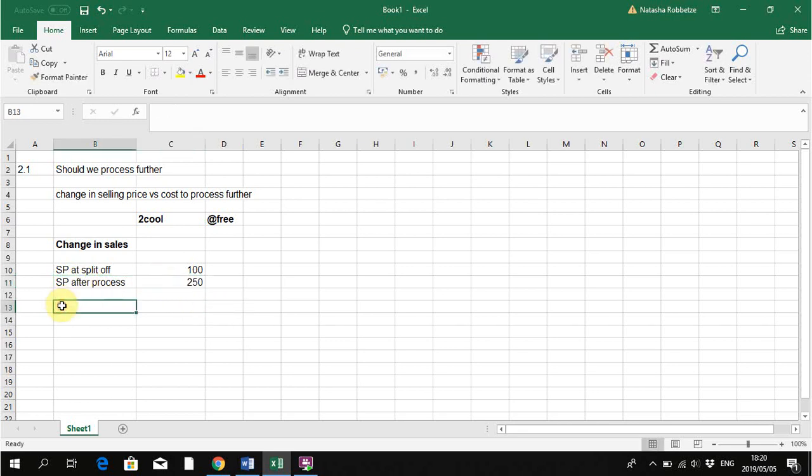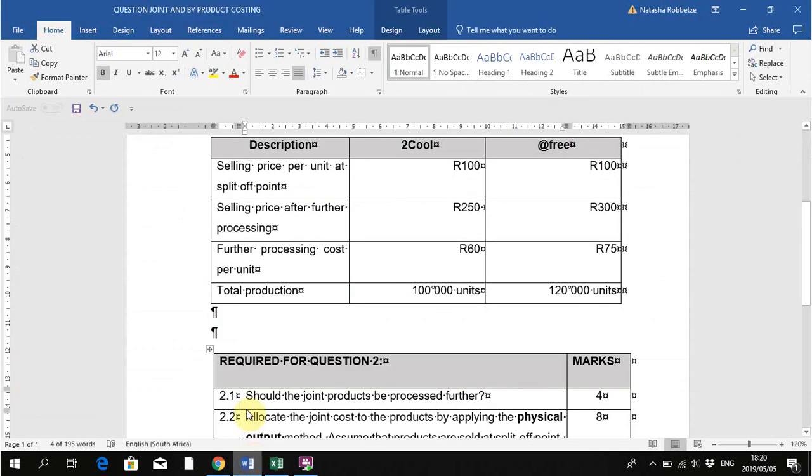So that is a change of 150 Rand. I'm going to say it's 250 minus 100, which gives me an increase in the sales of 150 Rand per unit.